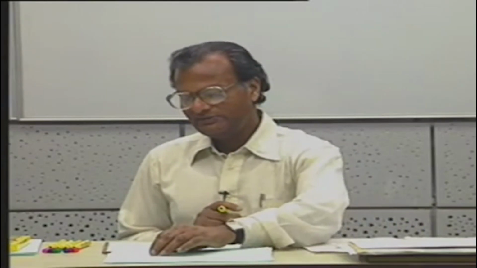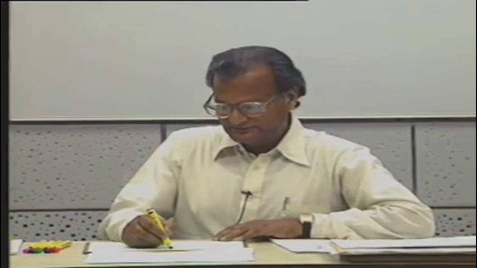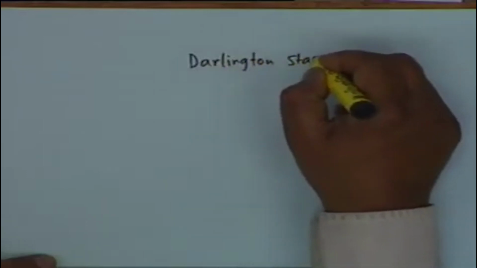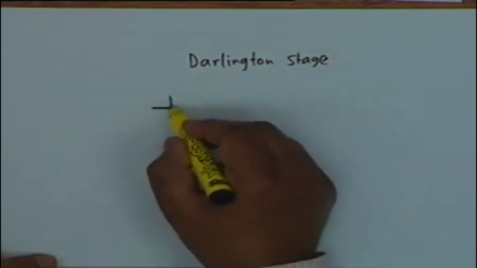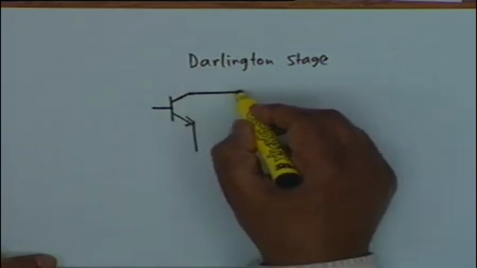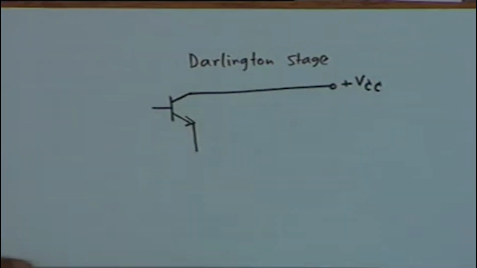We take an example to illustrate the usefulness of the model, and this example is the so called Darlington amplifier. Darlington is a name, Darlington stage as it is called. What is done is the following: you have a common emitter stage, not common emitter, common collector.